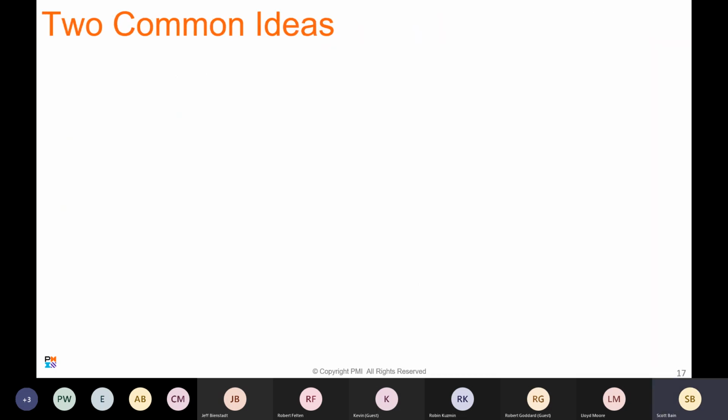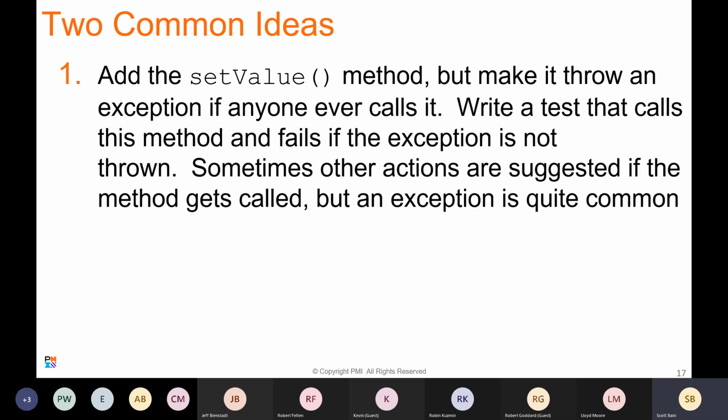I pose this question to students all the time if they don't bring it up on their own, which they often do. The two most frequent answers I get are, 1, just add the method so the test can call it, but have the method throw an exception or something like that. That makes it a positive behavior, and we know how to write tests about things the system does.